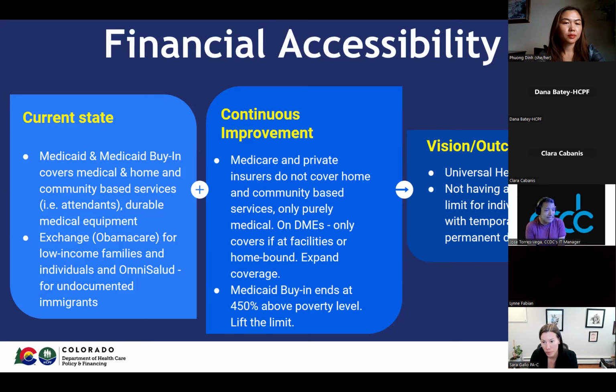Medicaid Buy-In ends at 450% above the poverty level. Ideally, we would like to see that limit expanded in the future, because of course, as the years advance and the economy changes, all of a sudden 450 might not be enough.